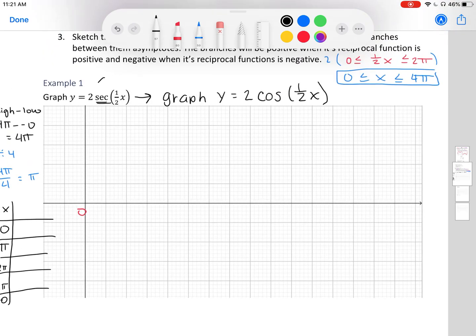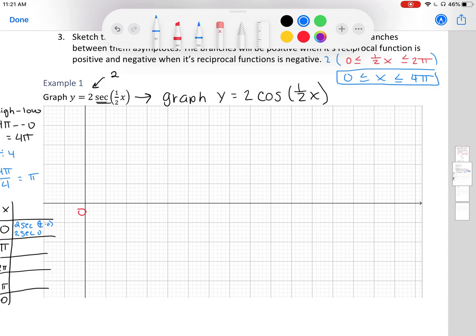Now we see that our amplitude would be up 2, and cosine starts at 1. So our first point would be 2. But you don't have to remember basics. You can just go ahead and plug it in. So if I have 2 times secant of 1/2 times 0, we have 2 times secant of 0.